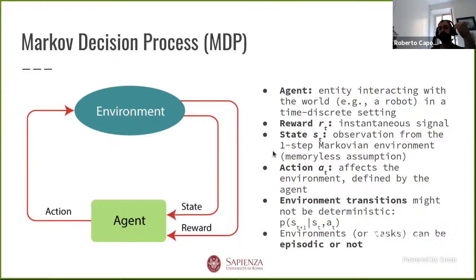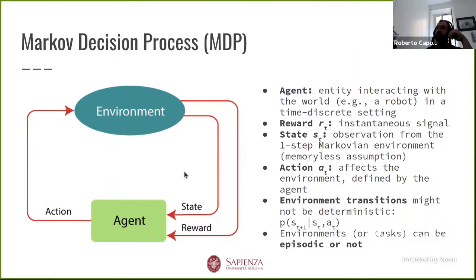Typically, we assume that the environment and the agent operate in a time discrete setting, where the agent basically selects an action at time step t, and at time step t plus 1, the state that the agent observes is a new state, based on which the agent selects an action at time t plus 1. So at every time step, the agent receives a reward and a state, which is the observation.